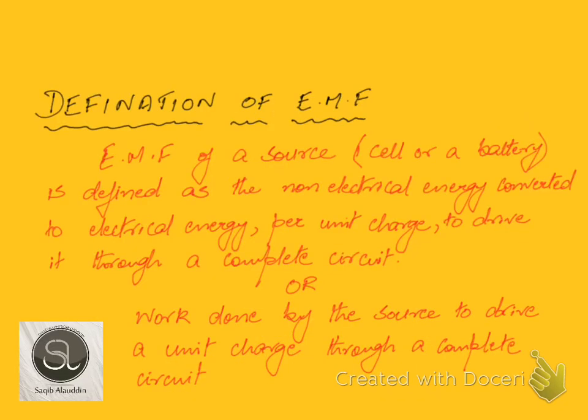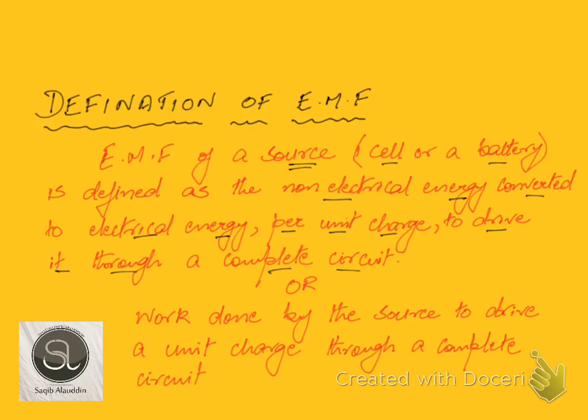So here is the definition. You can define it in a way that EMF of a source, meaning a cell or a battery, is defined as the non-electrical energy converted to electrical energy per unit charge. That means for every 1 coulomb charge, to drive it through a complete circuit.